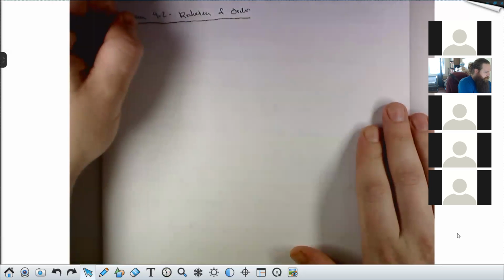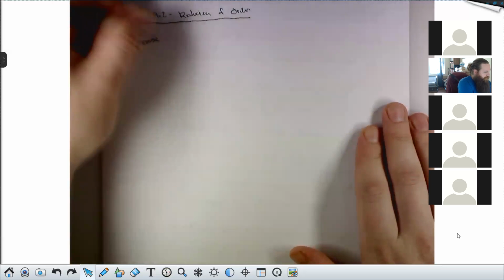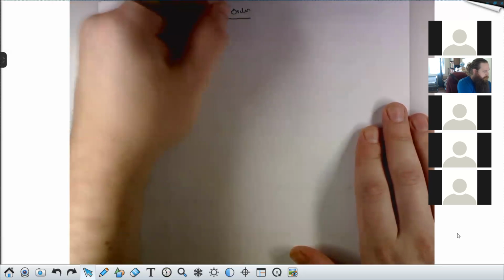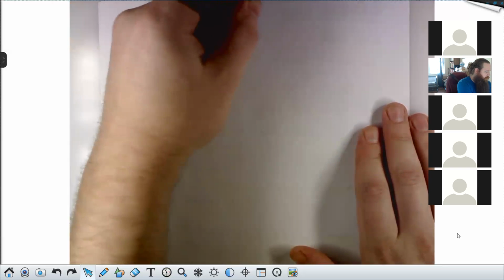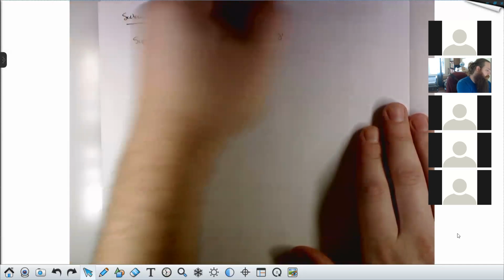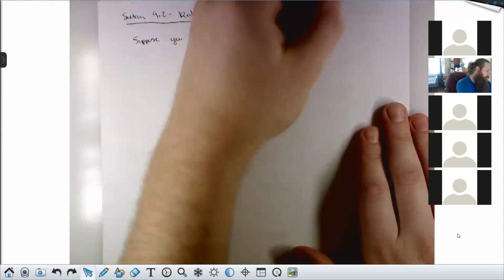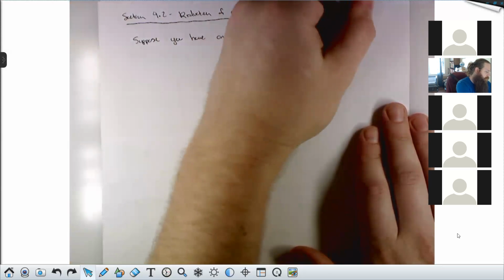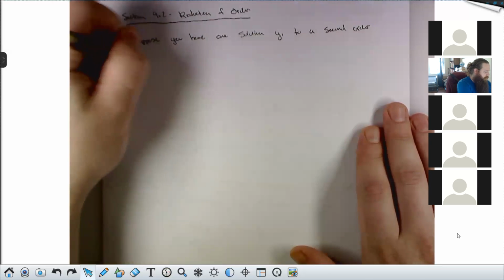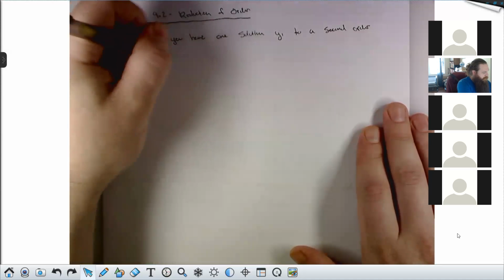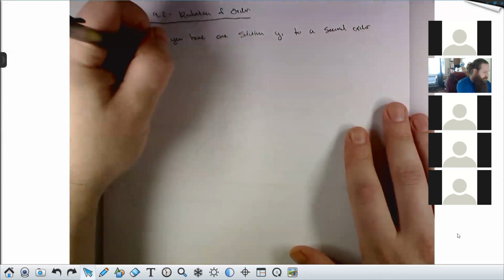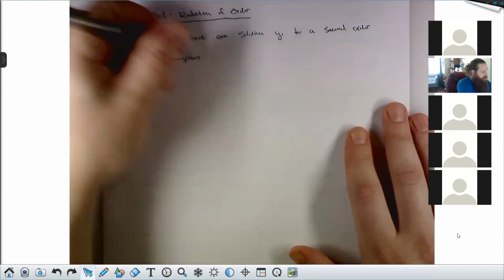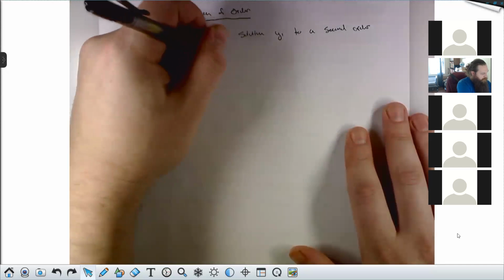So suppose you have one solution, y1, to a second order linear homogeneous ODE.